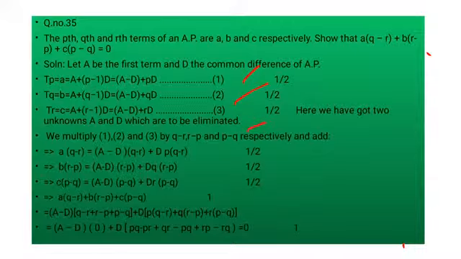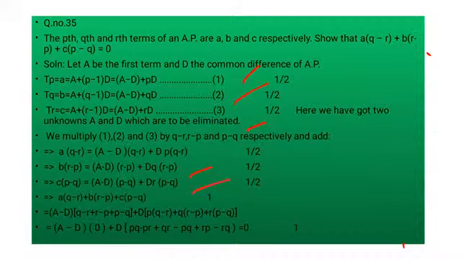We multiply 1, 2 and 3 by (q minus r), (r minus p) and (p minus q) respectively, and add. a multiplied by (q minus r) is equal to (a minus d) multiplied by (q minus r) plus dp multiplied by (q minus r), b(r minus p) is equal to (a minus d) multiplied by (r minus p) plus dq multiplied by (r minus p), c(p minus q) is equal to (a minus d) multiplied by (p minus q) plus dr multiplied by (p minus q).